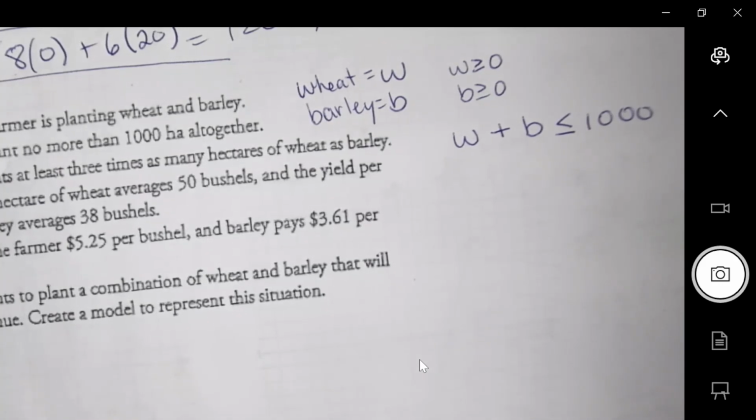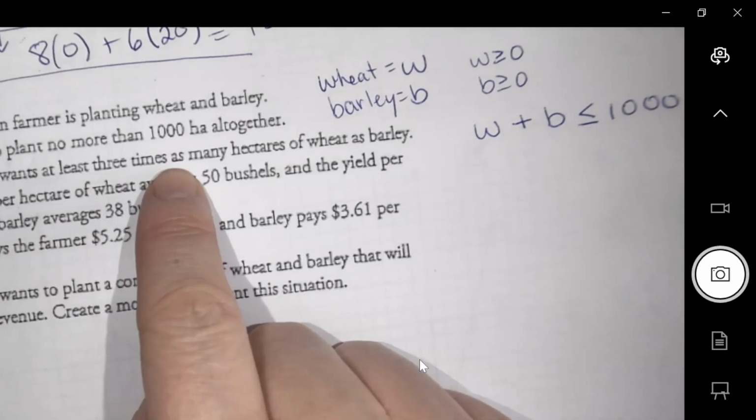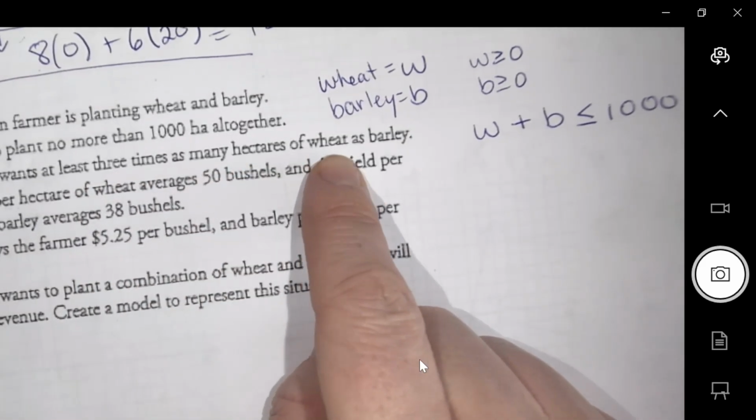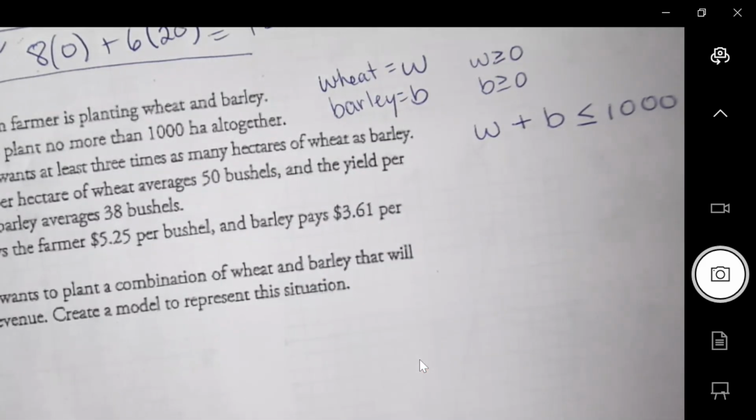Okay, now the next sentence is this type of sentence. You have to do it backwards of what you read. Remember when I taught you that yesterday? So the farmer wants at least 3 times as many hectares of wheat as barley. So when you read it, you put the 3 on the opposite of what you read. So can you try to write that one?